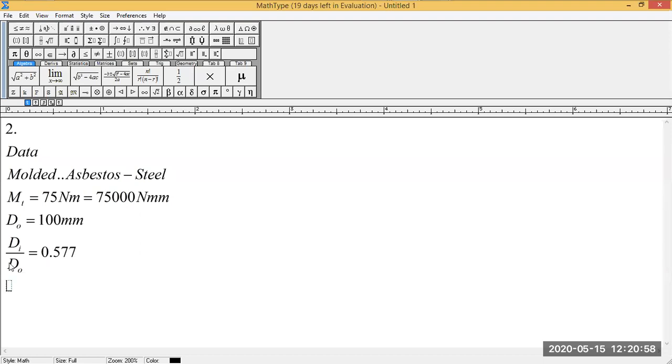He's just giving the dimensions. So from this, we can find Di, the inner diameter of the plate. That will be 0.577 times 100, which is equal to 57.7 mm. We have the inner diameter.